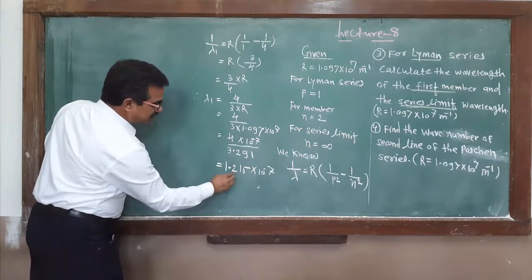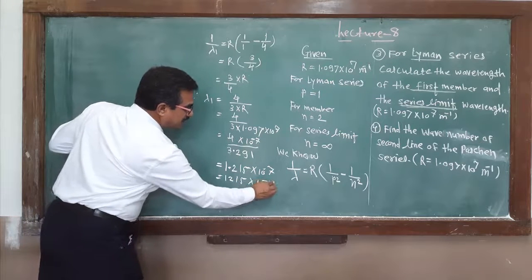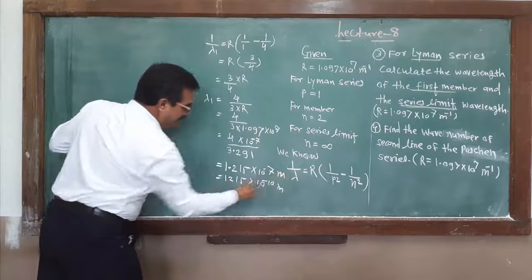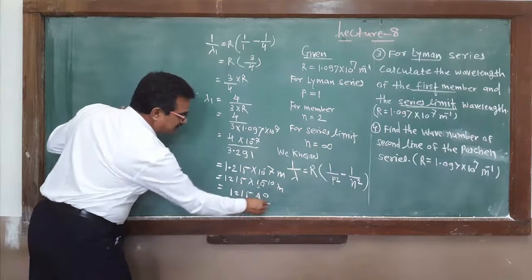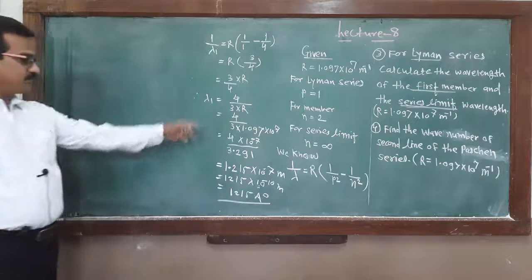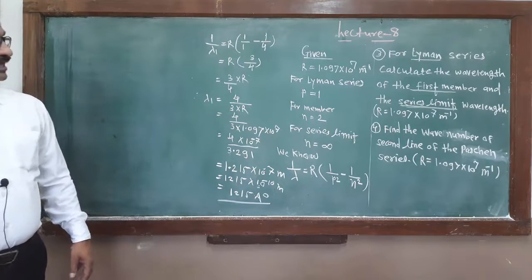Shifting the decimal point, 1215 times 10 raised to minus 10 meter. It means 1215 angstrom. This is the wavelength of the first member of the Lyman series.